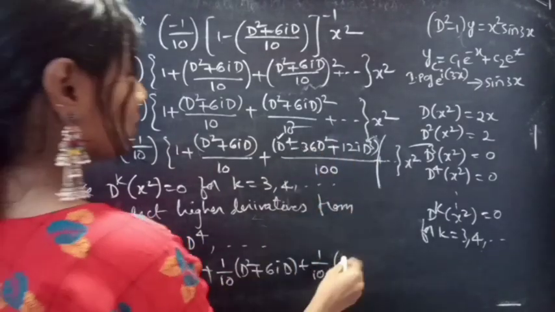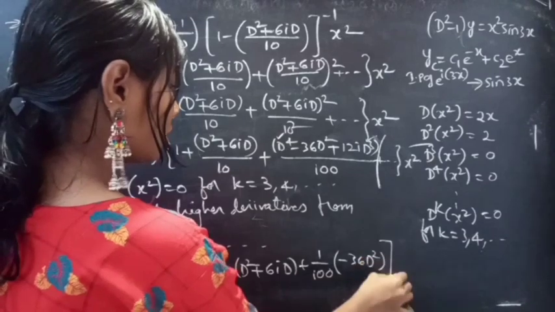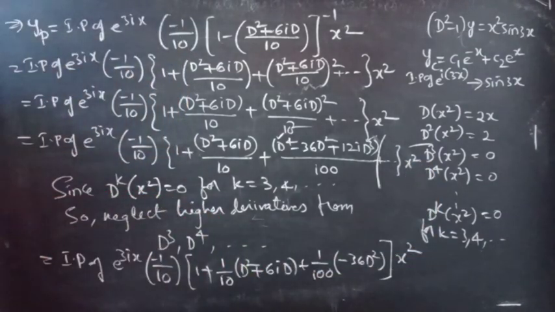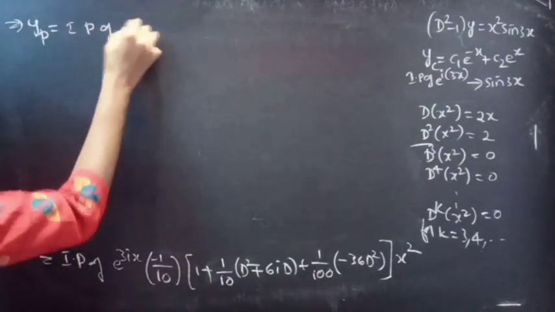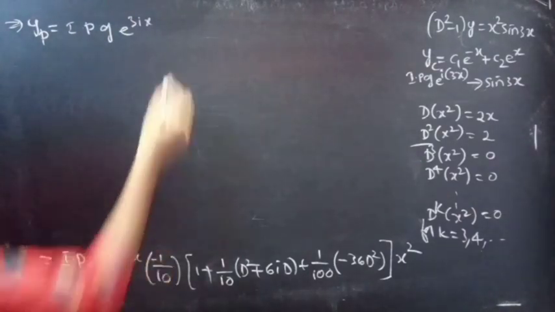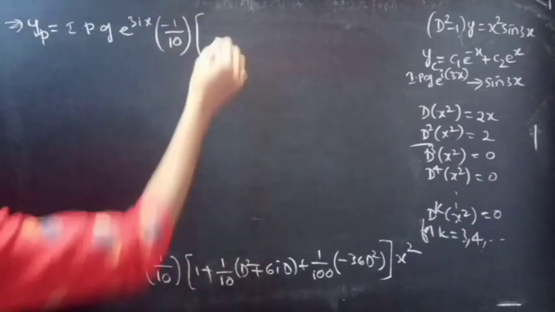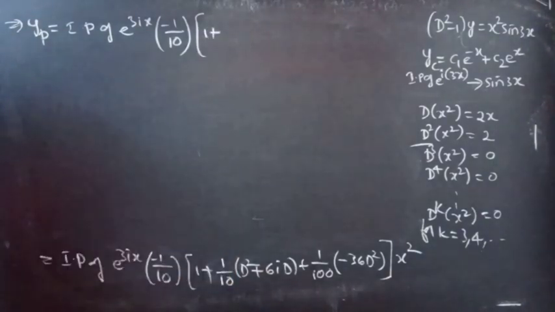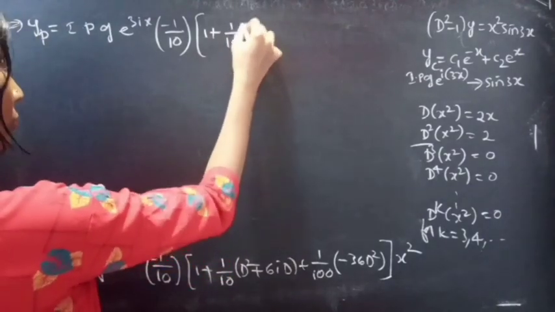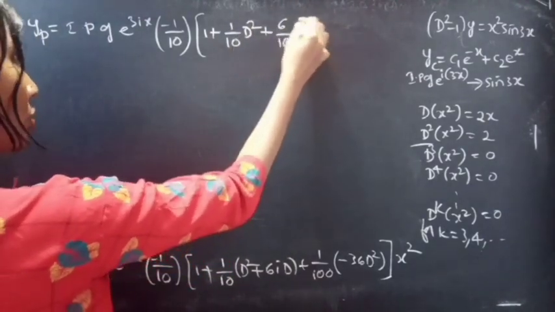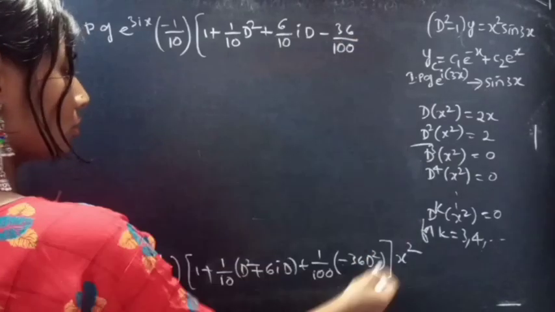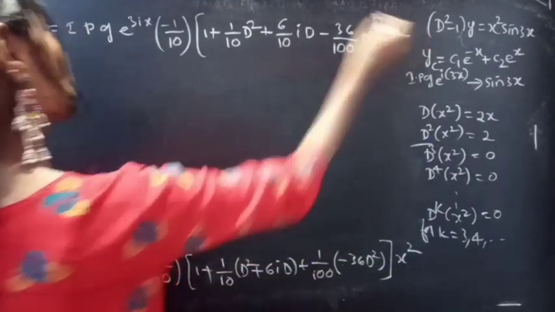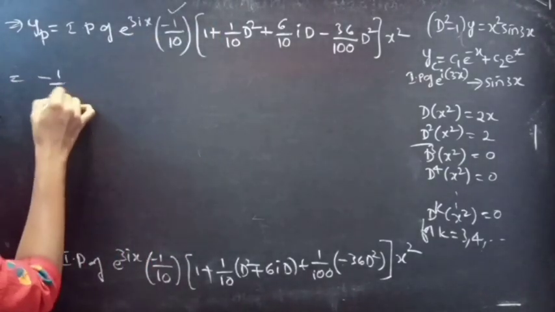So we'll get only the second term, −36d², into x² after omitting all the higher derivatives. yp becomes the imaginary part of e^(3ix) into −1/10 into (1 + 1/10 into d² + 6/10 into i into d + (into minus is minus) 36/100 into d²) into x². Now write this constant towards the left for our convenience.